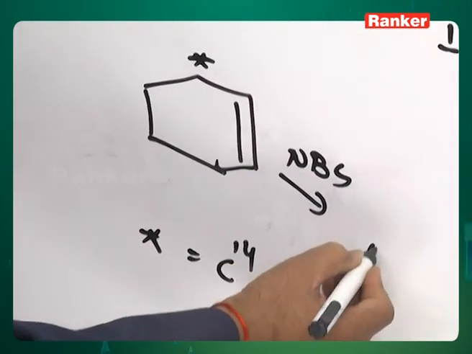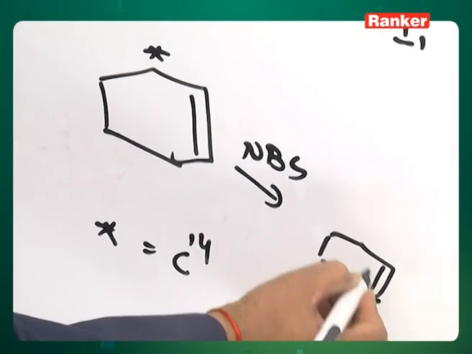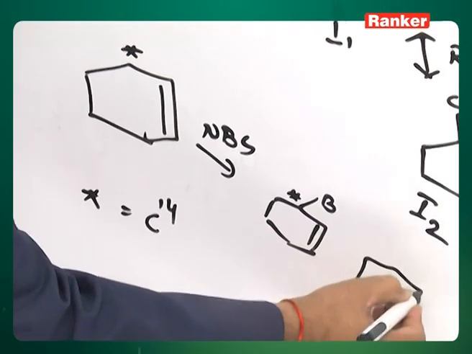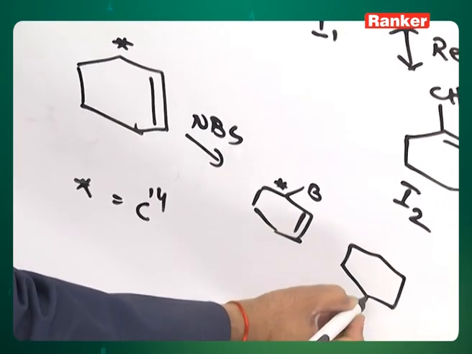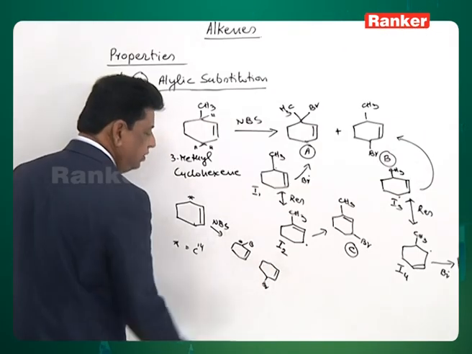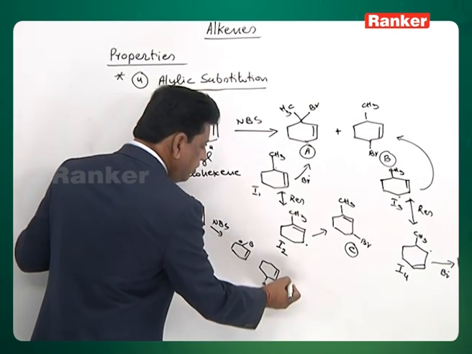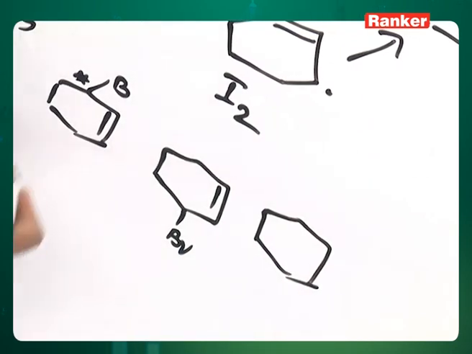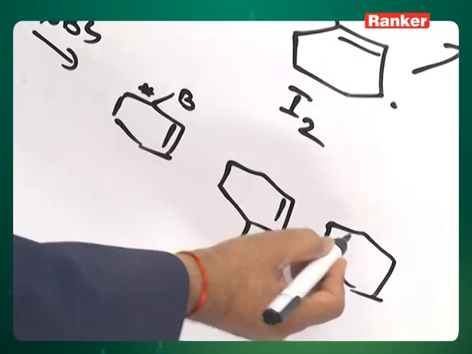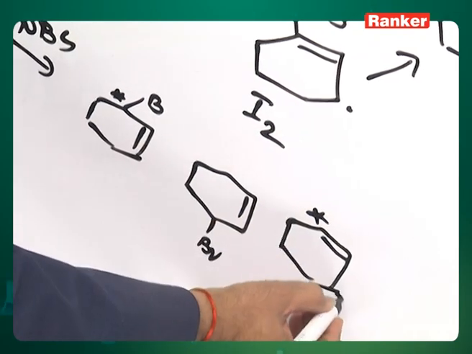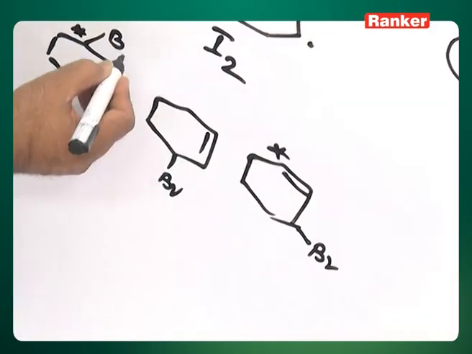So, as usual, one will be bromination at the star, another will be bromination down to the star. This is the second answer. Another one is its intermediate giving one more product. That means the dot will be here, the double bond goes this side, so the star will be here, that is, bromine will be coming here.